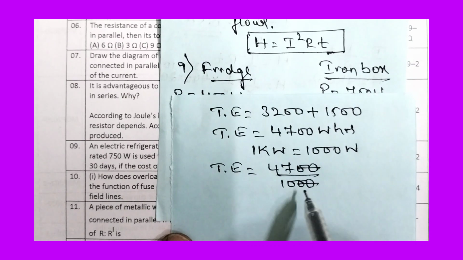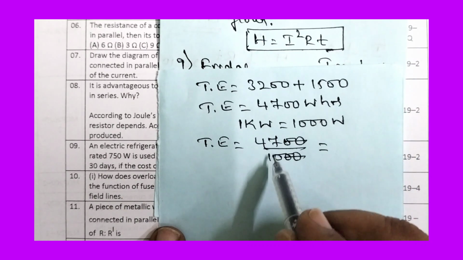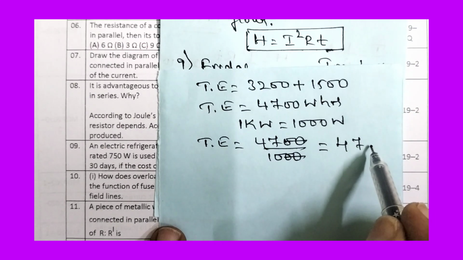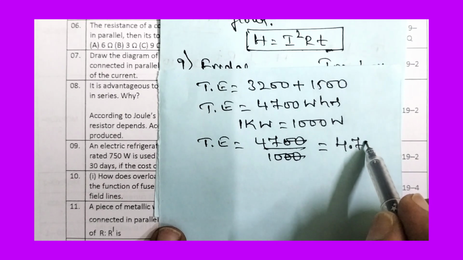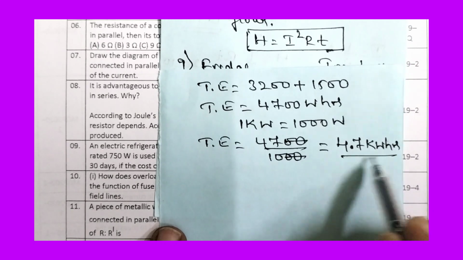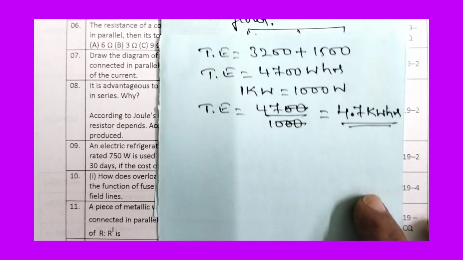So 1000 cancel, 2020 cancel ಆಗುತ್ತೆ. ರಿಮೈನಿಂಗ್ is 47 by 10. So 47 ಬರ್ಕೊಳ್ಳಿ, ಇಲ್ಲಿ 10 ಇರೋದ್ರಿಂದ from this side you leave 1 digit and put the point. So 4.7 kilowatt hours. This is the energy consumed by both electric iron and refrigerator in 1 day.